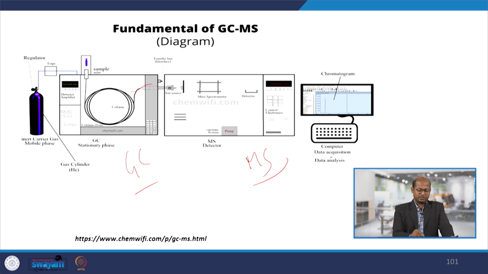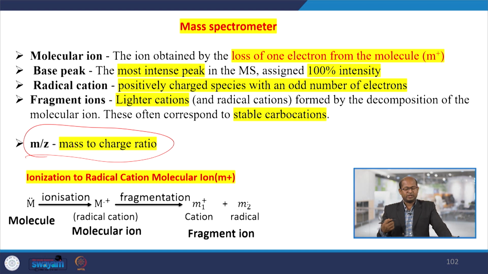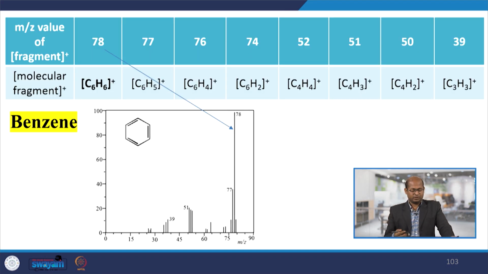From the GC individual components come out and enter the mass spectrometer one by one, where they are analyzed, different fragments form and the mass-to-charge ratio is given. With that we can quantify which component is present and how much quantity is present, which is easily analyzed.